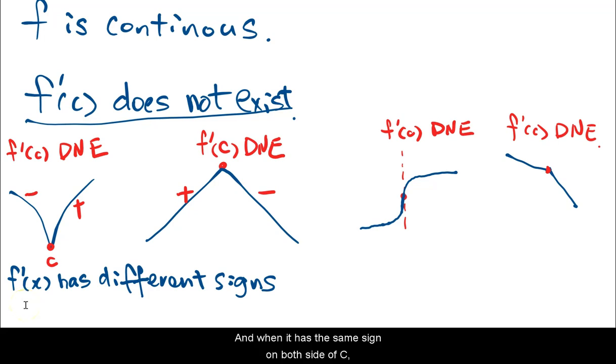And when it has the same sign on both sides of C, for example, here both positive, here both negative, then there is no local maximum or local minimum.